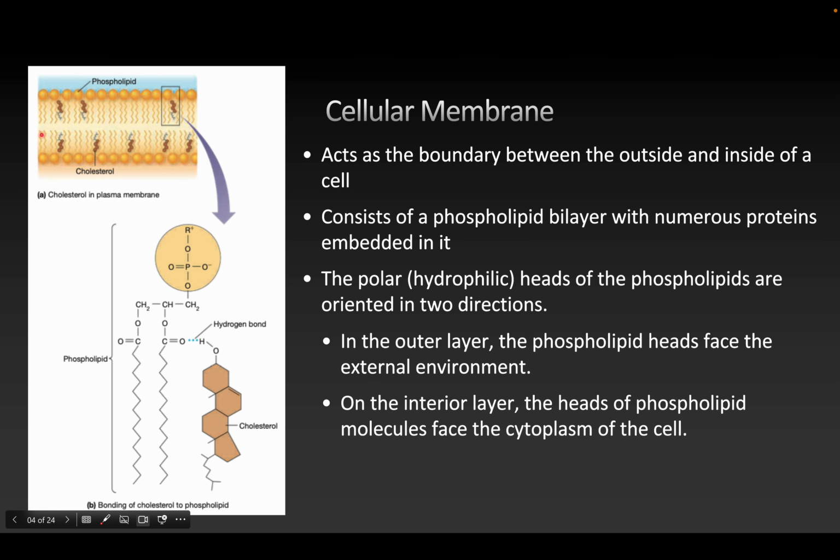The polar portions of phospholipids, the heads, are oriented in two directions. The outer layer faces the external environment, while the inner layer has phospholipid molecules with their heads oriented towards the cytoplasm.